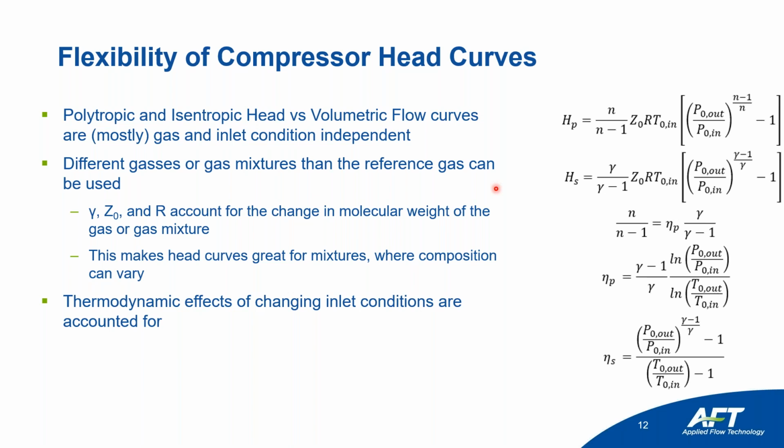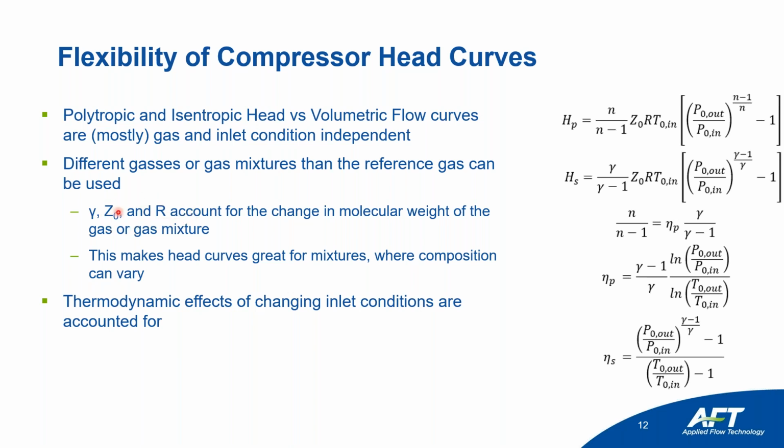And you'll see those differences in the gas properties be reflected in your equation through gamma, compressibility factor, and the specific gas constant, right? Because the molecular weight change in your gas is going to affect your specific gas constant.